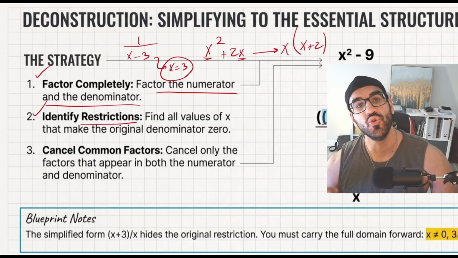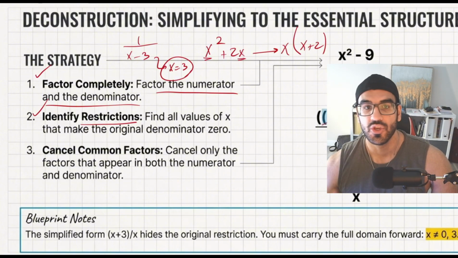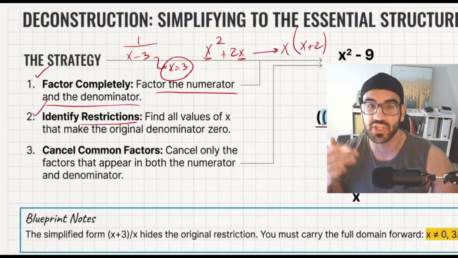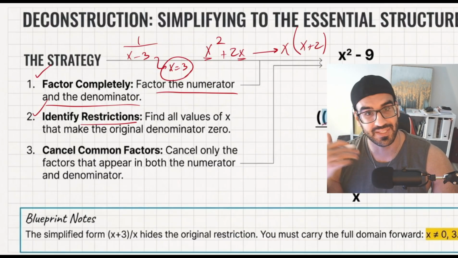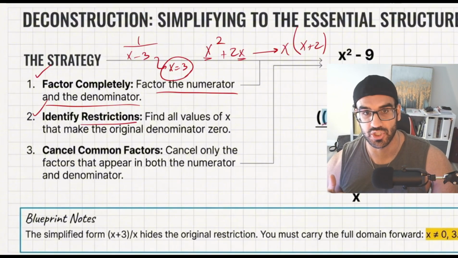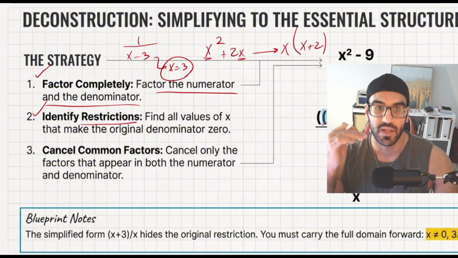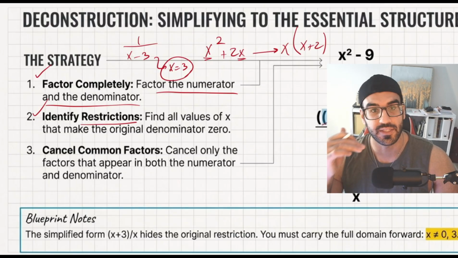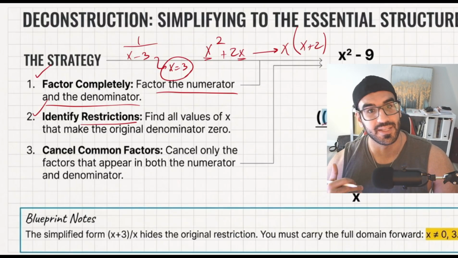No, you have to do it beforehand, because yes, your final answer is going to be a simplified one, yet that simplified answer came from something. So I still have to look for those restrictions. So it is a very important step. This should be step number 2, not the last step.